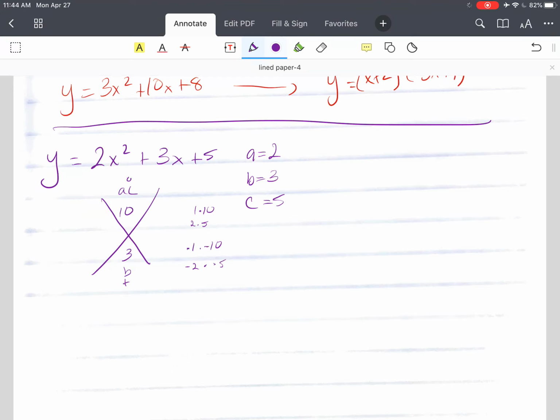And I guess a -2 and a -5 as well. 1 plus 10 is 11. 2 plus 5 is 7. -1 and -10 is -11 if you add them. And similarly, -2 and -5 add up to -7. Are any of those the number 3? No.